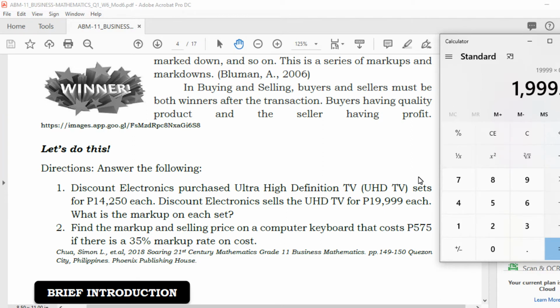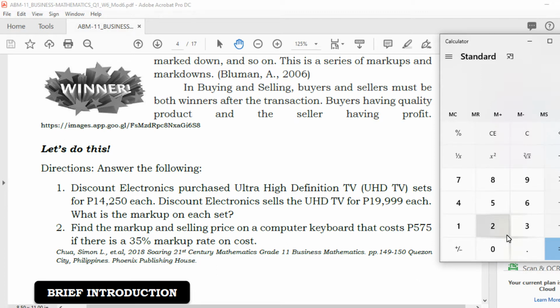So, kung minus 19,999, 17,999 na lang ang magiging price niya kasi nag-markdown siya ng 1,999.